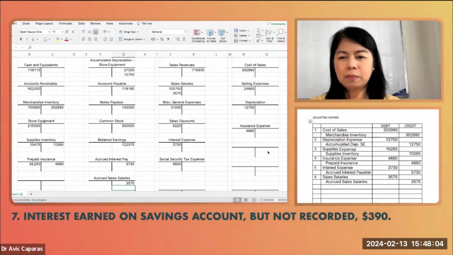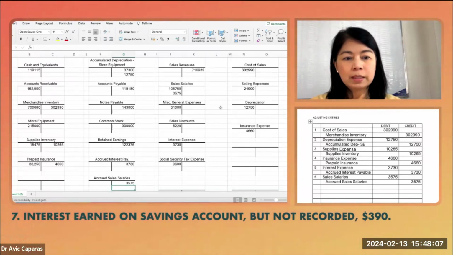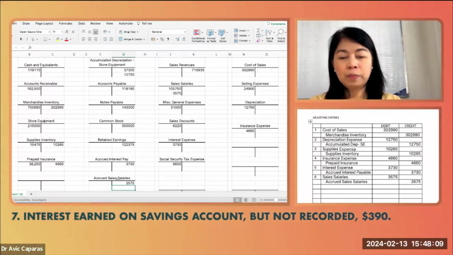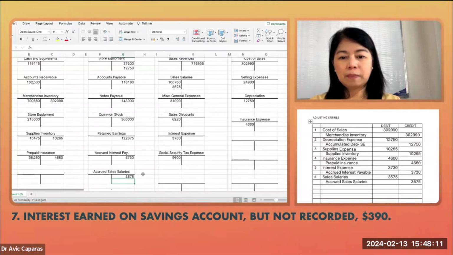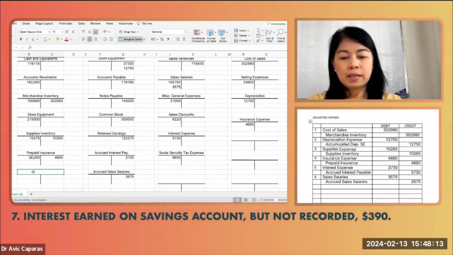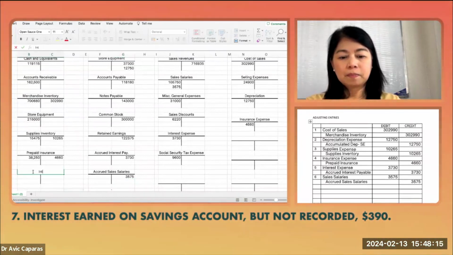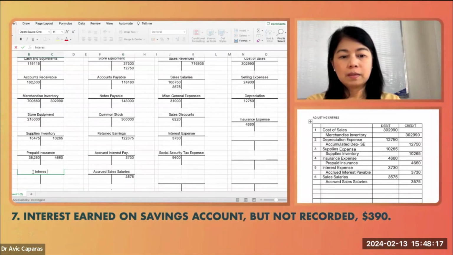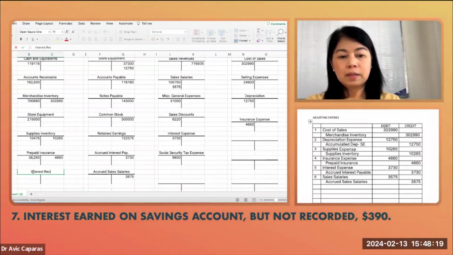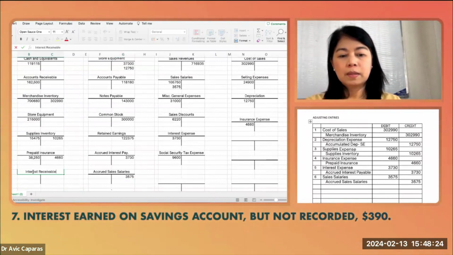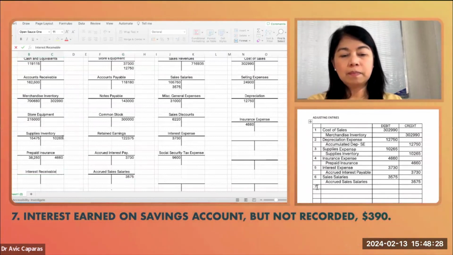So do we have something about interest? Doesn't seem to have one, so we can put it here. Interest receivable. Sorry, let's begin with entry.